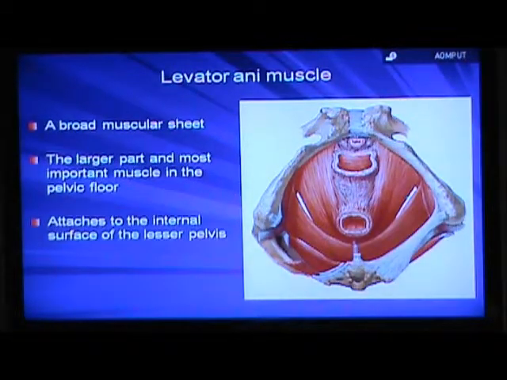The levator ani muscle is a broad muscular sheath. It's the larger part and the most important muscle in the pelvic floor. It attaches to the internal surface of the lesser pelvis. So the levator ani is the main muscle of the pelvic diaphragm.